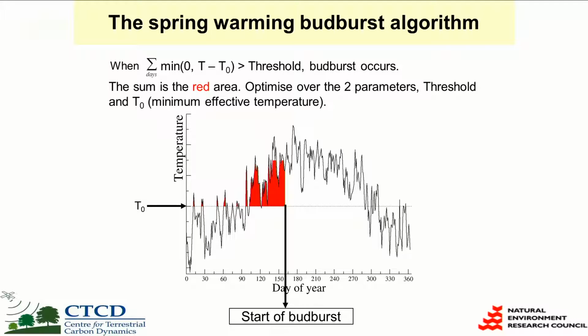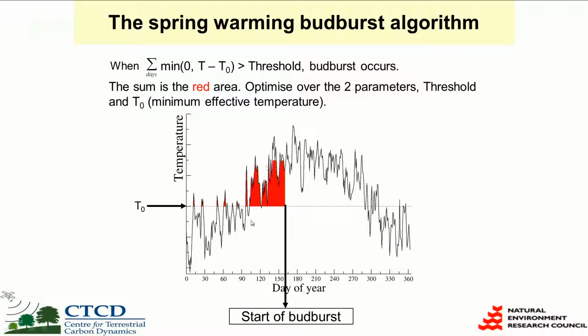So what you have is what's called a two parameter spring warming model, and basically it's a very simple model. It says that you've got a threshold temperature T0, and you count the number of days when you're above T0, and so this should fill that.